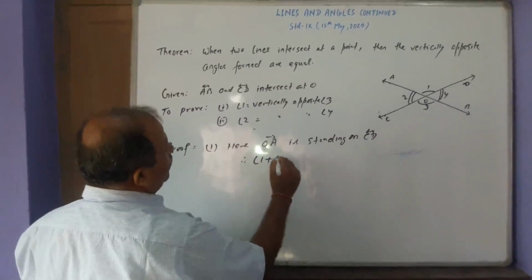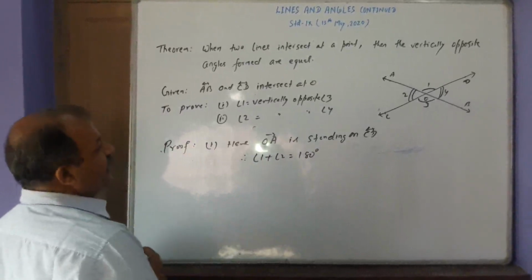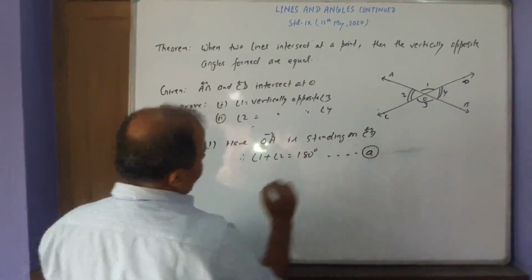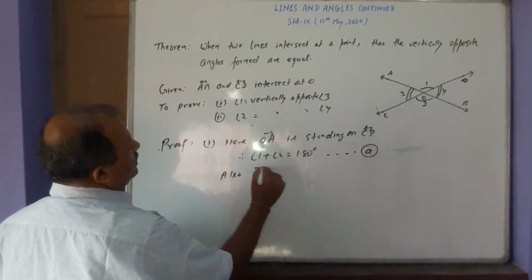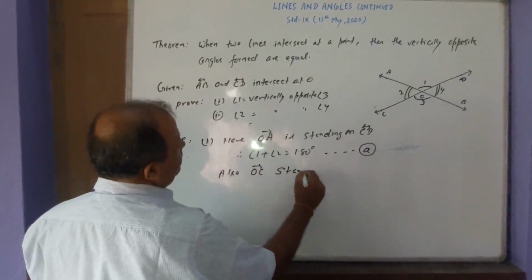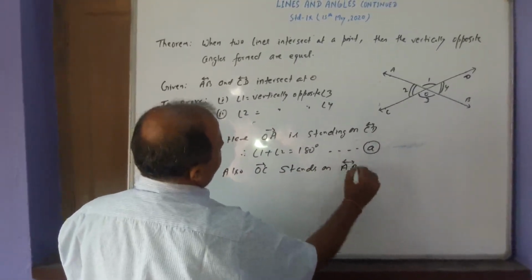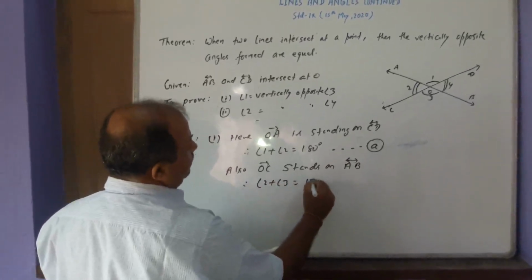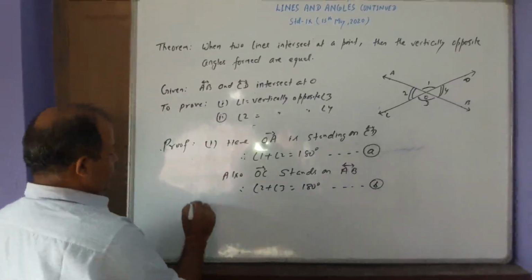Therefore, angle 1 plus 2 is equal to 180 degrees. These are linear pair of angles. This one is the equation A. Also, OC stands on AB. Therefore, angle 2 plus angle 3 is equal to 180 degrees. This is the equation B.